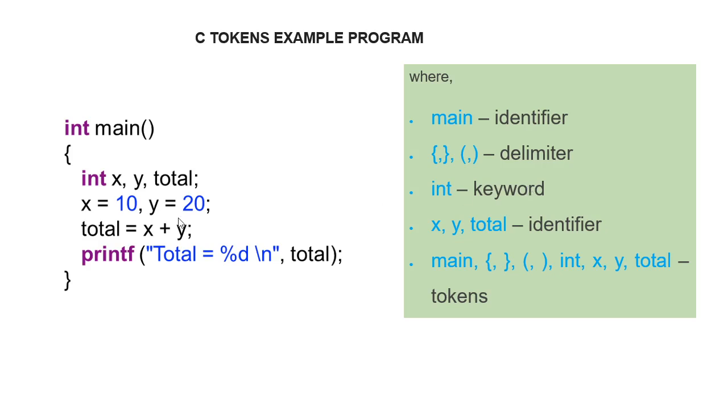Then x, y, total are identifiers; they are user defined names. All together, main, curly brackets, int, x and y, total are known as the tokens in the C language. Without these tokens, we cannot write or think about programming.